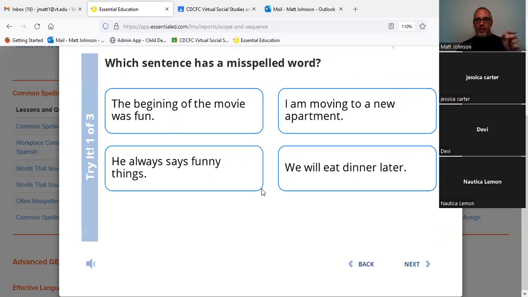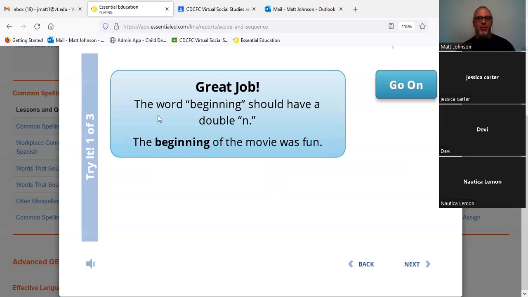We need a double N in between those I's. Beginning, right? The word beginning should have a double N. So there you go. But this is a good exercise too: can you find within a sentence which one's misspelled?